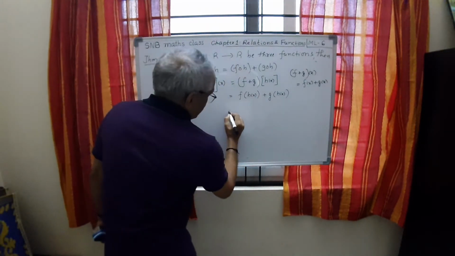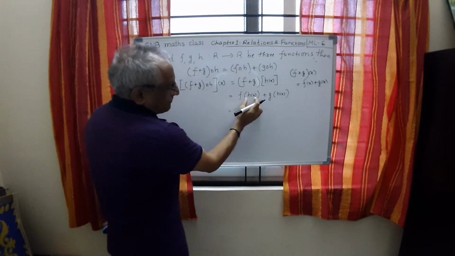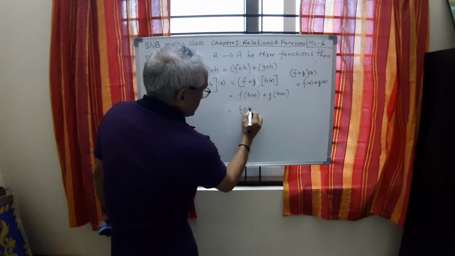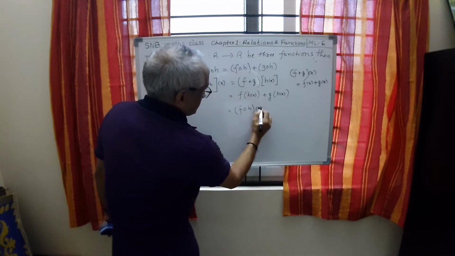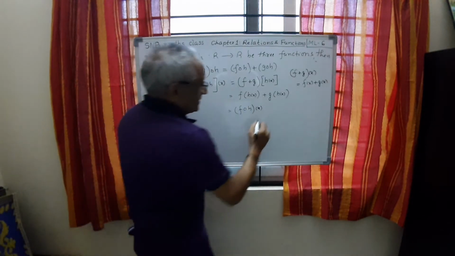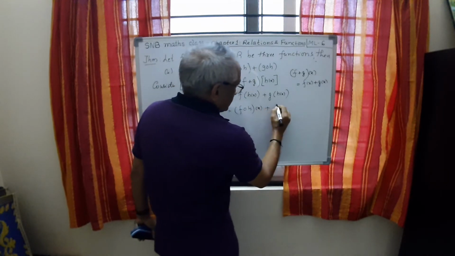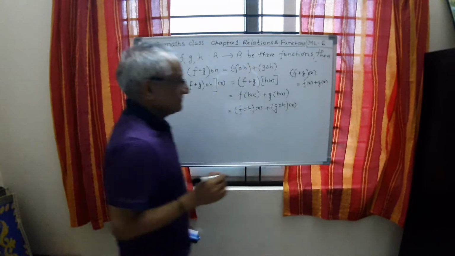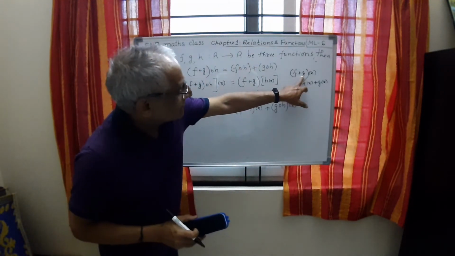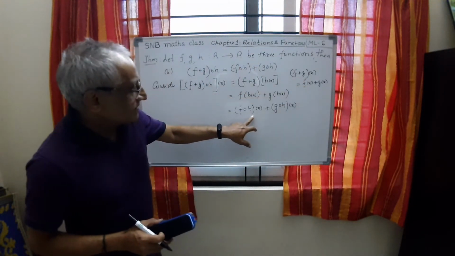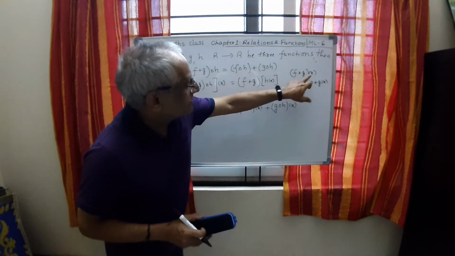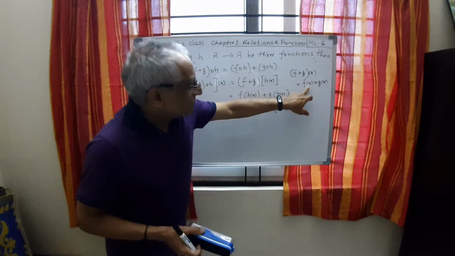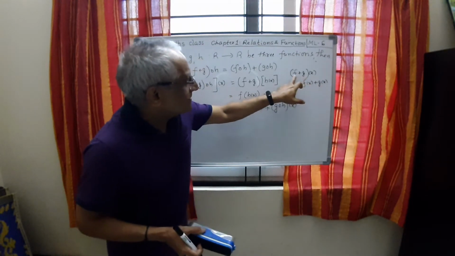But now here, what is f of bracket h of x? By definition, it is f of h of x. Similarly, this one, g of h of x, by the definition of composite function. Now the same condition for addition we can take here also. If f plus g of x is f of x plus g of x, similarly f of x plus g of x can be written as f plus g of x.